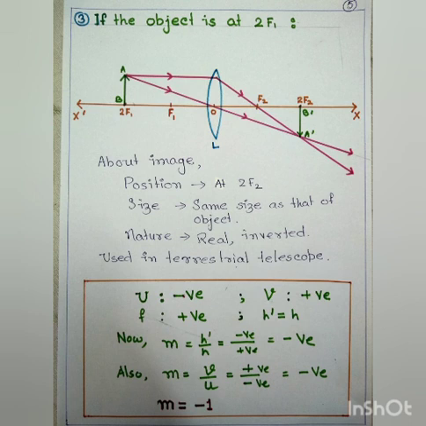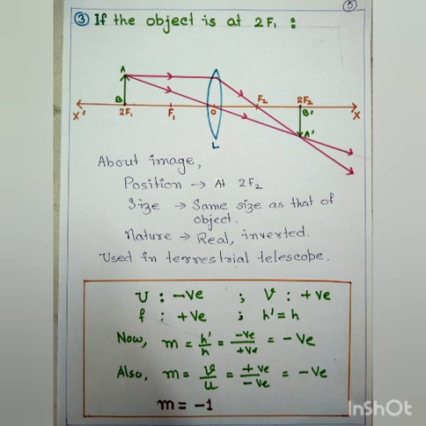See here, after refraction the two rays intersect each other exactly at 2f2. Clear? And see here, the height or size of the object and image are the same. As the object is at 2f1, the image is at 2f2.